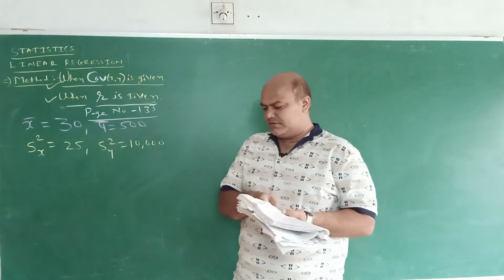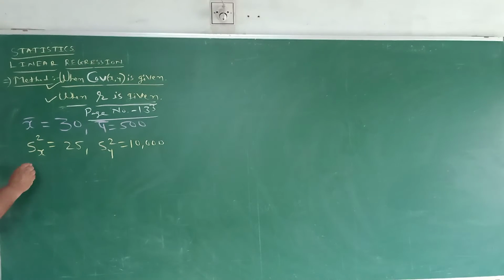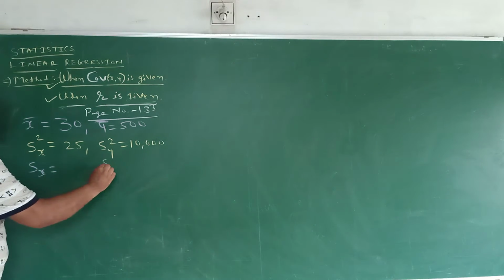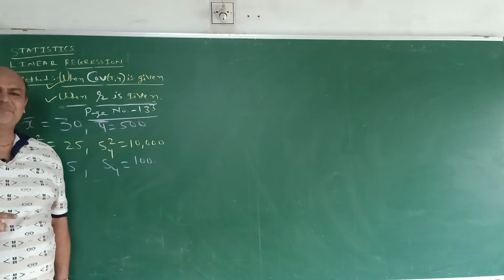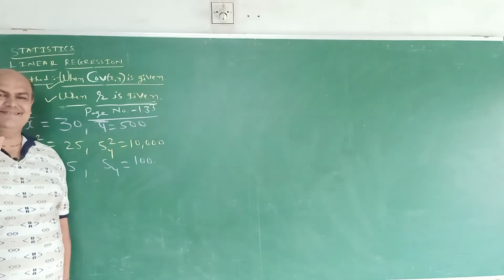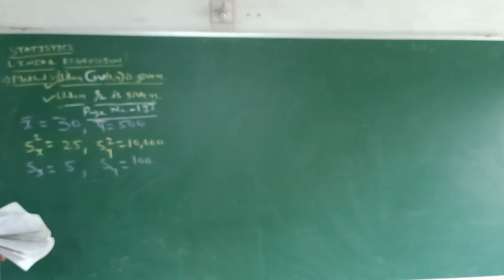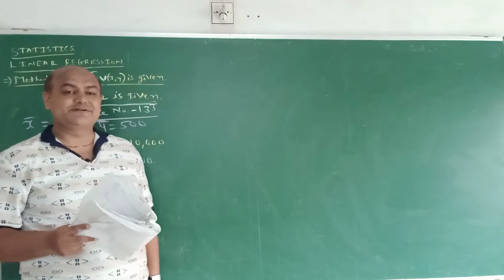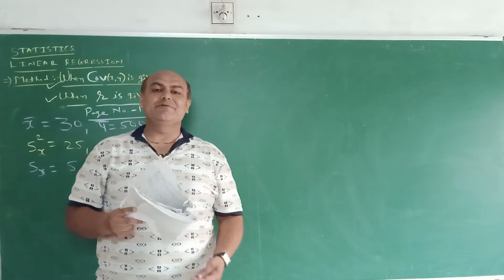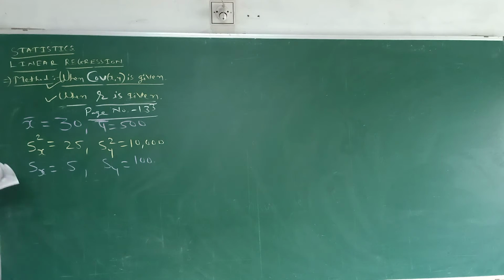We require Sx and Sy, so the square root of variance is SD. Sx is 5 and Sy is 100. Why? Because in the formula we require standard deviation SD, not the variance.